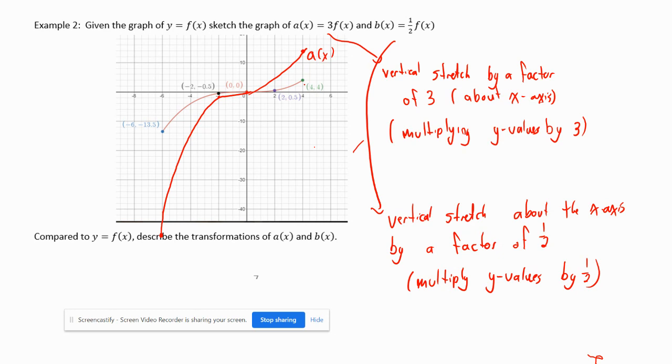So 4 becomes 2. This guy goes even closer there. This guy stays here. This guy is half there. Half of negative 13.5 is negative 6.75, which would be about right here. So this graph, same exact shape, but it's just been stretched by a factor of 1/2. And this is our b of x graph.